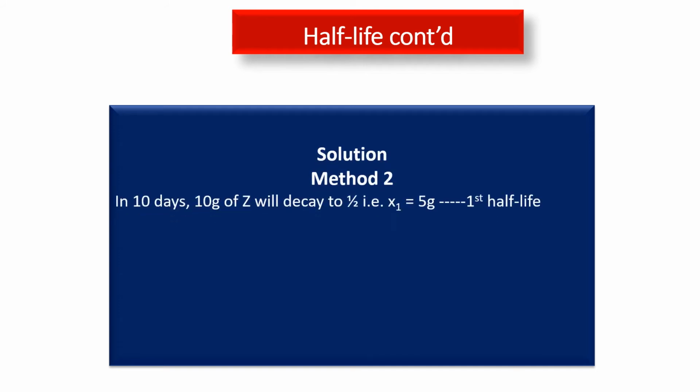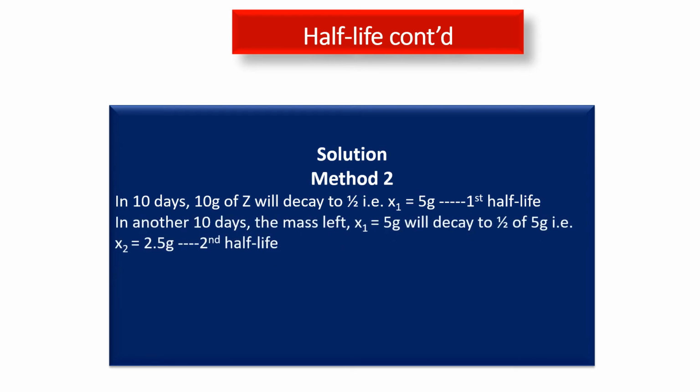In 10 days, 10 grams of Z will decay to its half, and don't forget that half of 10 is 5 grams, and that represents the first half-life, that is the first decay. And in another 10 days, the mass that is left, which is 5 grams, will also decay to its half, and that will be 2.5 grams.